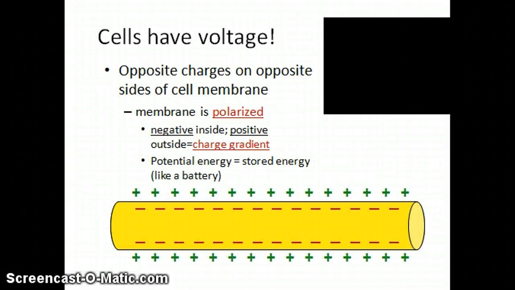So these opposite charges on the opposite sides of the cell membrane mean that our cell membrane is polarized. This charge gradient is, in essence, potential energy, because we have like a battery, we have stored energy set up with this difference in charge.